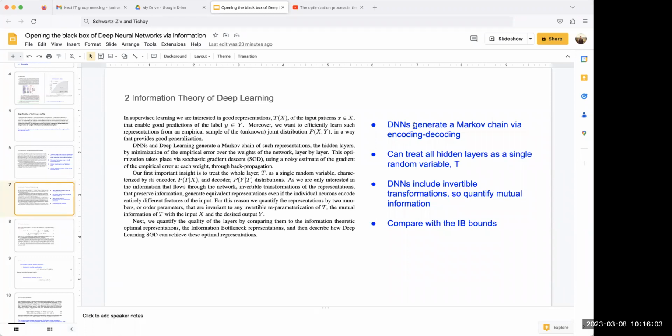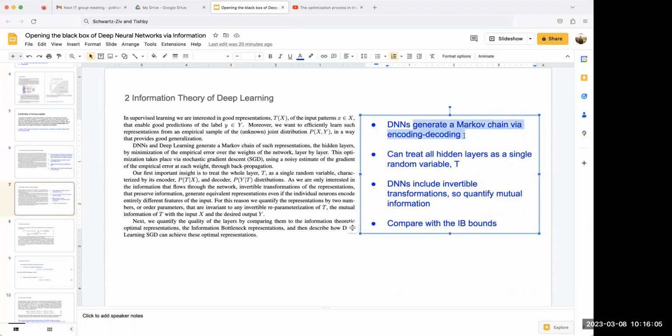So you have this Markov chain which moves through these different aspects of your model: from your target data, your input data, then your model itself, and then your predictions. They do mention it a couple of times.